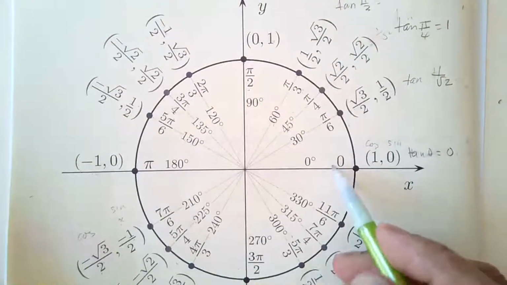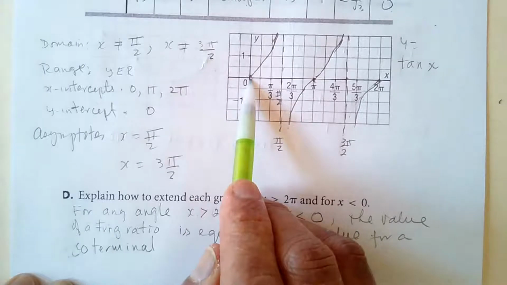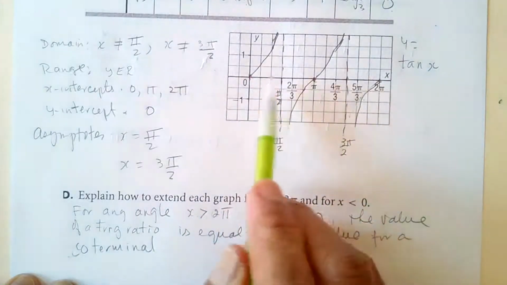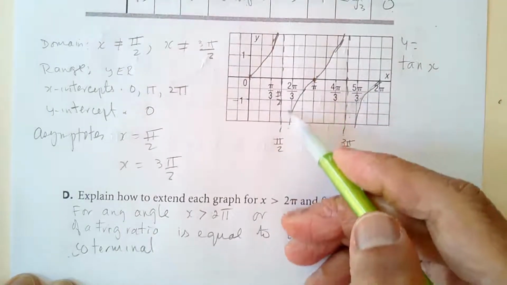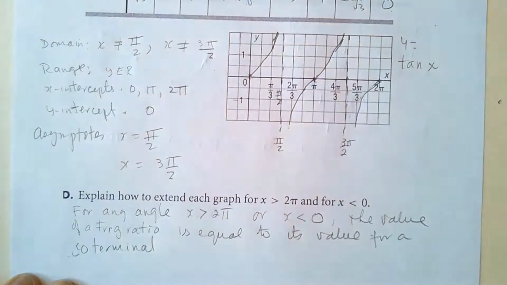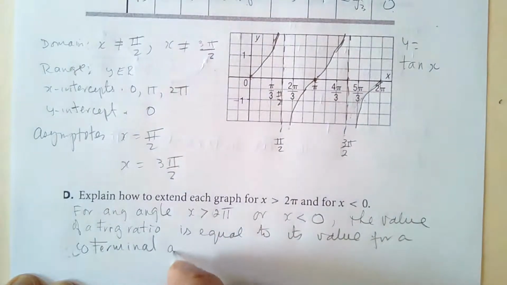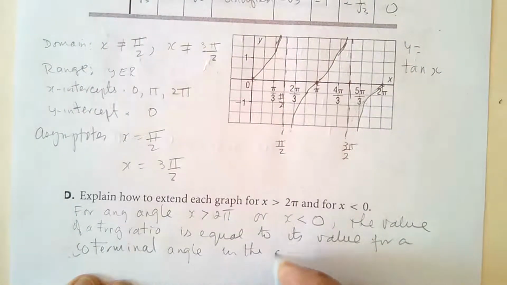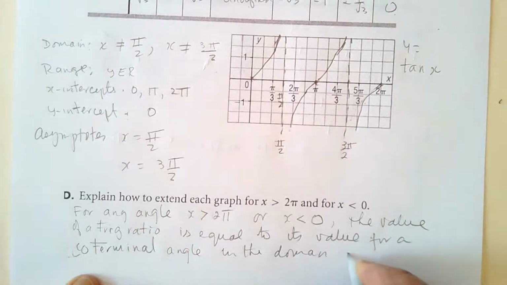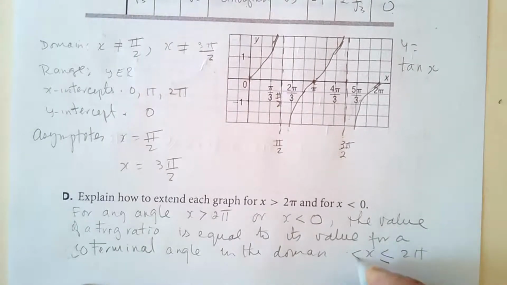So in other words, if you're going to repeat beyond x equals 0, you repeat the pattern you have for pi going to the coterminal pi angle in the domain x between 2 pi and 0.